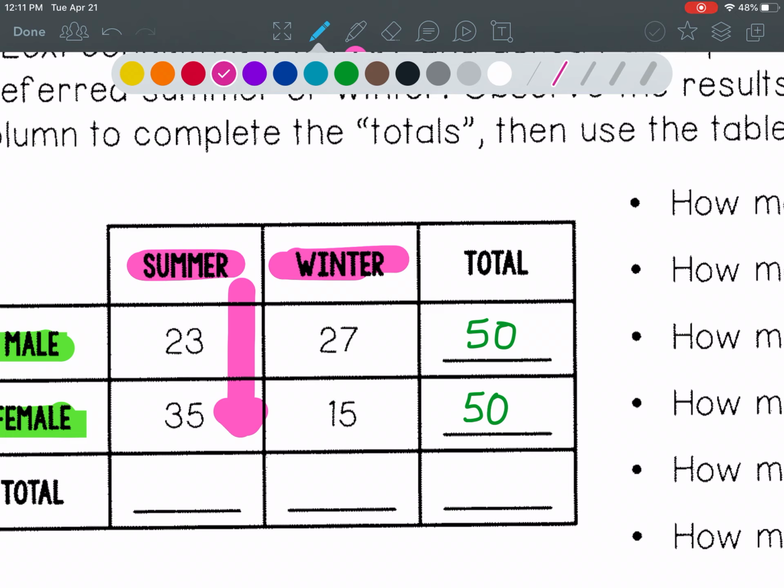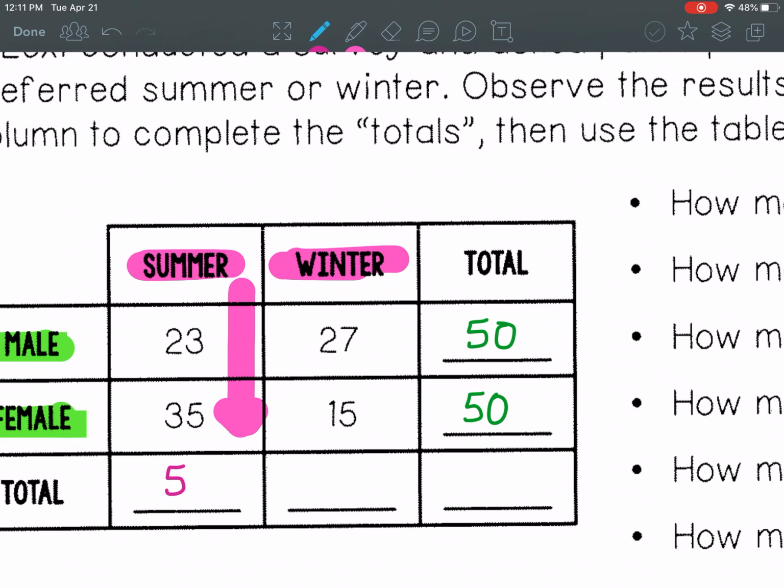So we will get 58 for the total number of people that like summer best. We can also go down this way for winter. So 27 plus 15, let's see, we get 12, carry our 1, so 42. Okay, so that's why it's called a two-way table. You can look at it horizontally or vertically, two different ways.